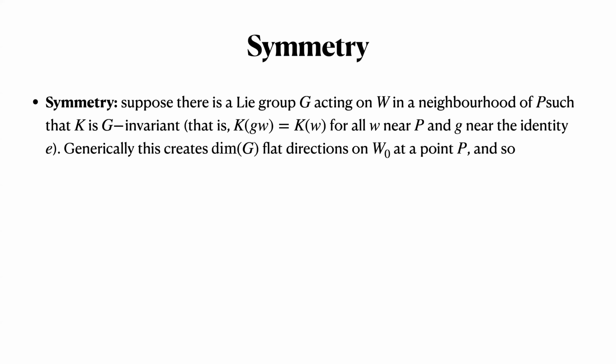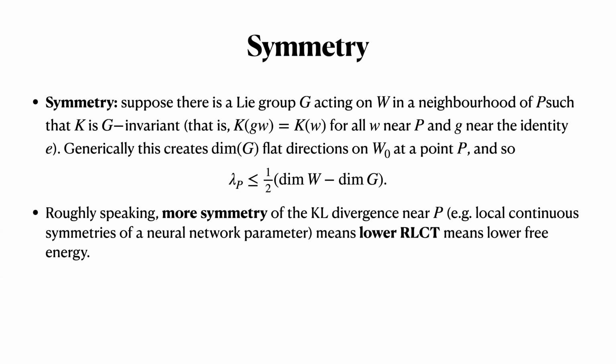Generically speaking, we think of the RLCT as giving you 1/2 for each normal direction. The more directions in the space of true parameters, the fewer normal directions, so the lower the RLCT. Okay, so you'll get an upper bound of not D on 2, but D minus the dimension of G, because you have dim G more directions in the space of true parameters.